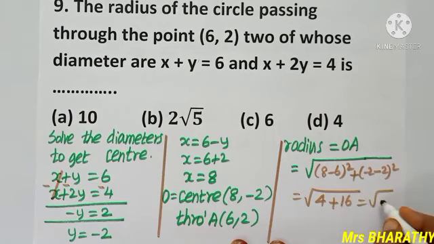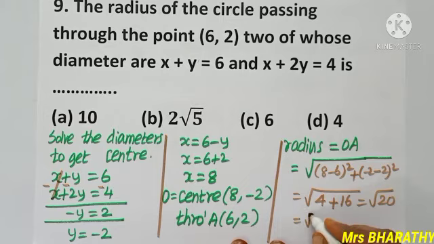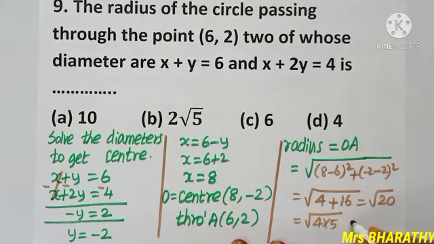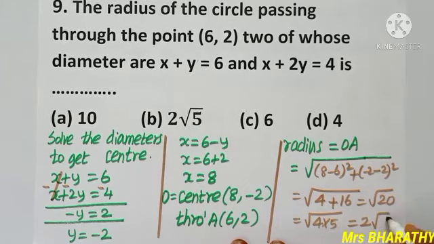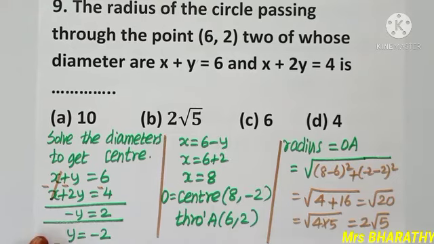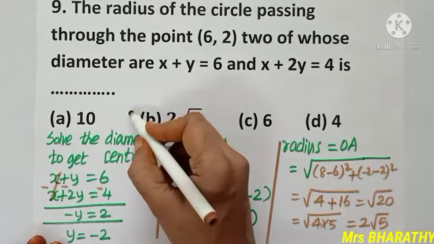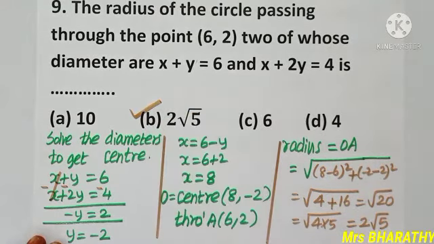So we get root of 20, which can be further written as root of 4 into 5. So it is 2 root 5. Out of the 4 options, option B is correct. Correct answer, 2 root 5.